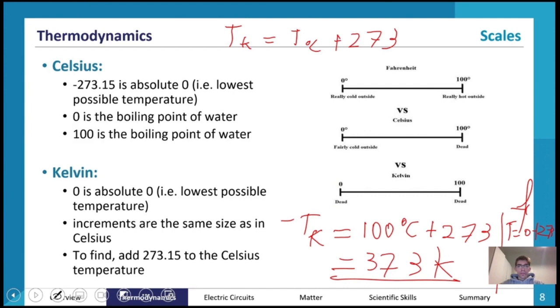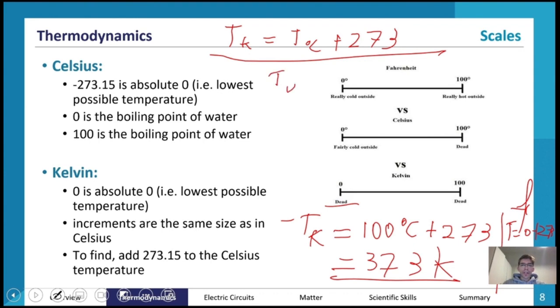Which is awesome, right? Wait a second. But what would be the lowest possible temperature in degrees Celsius? Because we know that 0 degrees Kelvin is the lowest possible temperature that scientists at least have achieved so far. They haven't really achieved it, but they've come close to. Well, we can use this formula here.